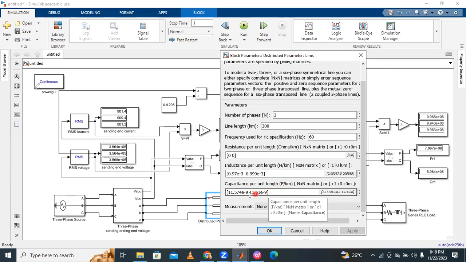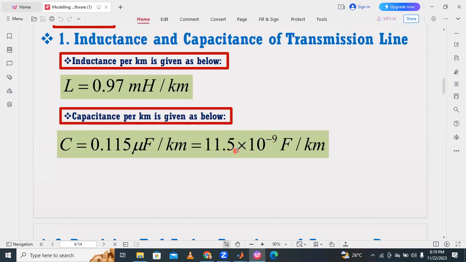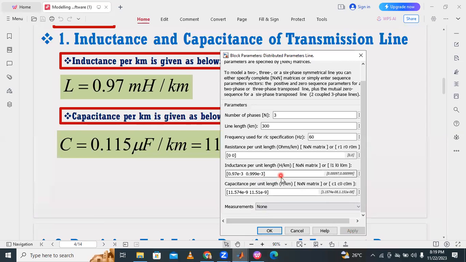So enter 11.574 nanofarads. From the given data, the capacitance is 11.5 into 10 to the power minus 9 farads per kilometer, or 11.5 nanofarads per kilometer. The predefined field asks for farads per kilometer, so it is converted: 11.574 into 10 to the power minus 9 farads per kilometer.